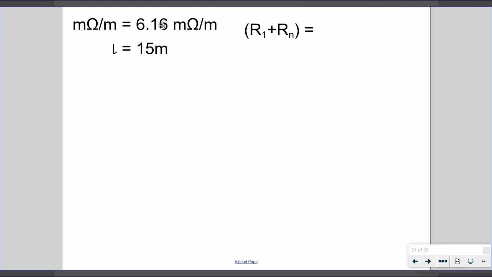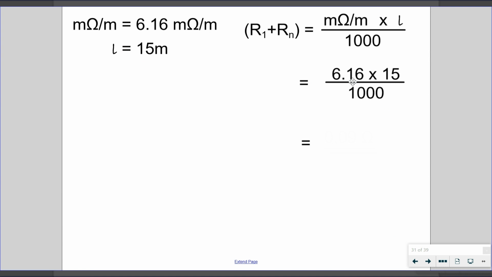So 6.16 milliohms per meter in the 15 meter length, we pop that into our calculation, same as we've carried out previously. So 6.16 times 15 divided by 1,000 gives us an R1 plus Rn value of 0.09 ohms.